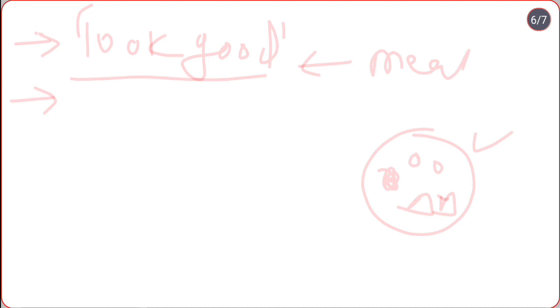If our eyes do not accept it, then we do not take it. Otherwise we eat just to fulfill our hunger. But if the food looks good, it must also have a good smell and good taste.